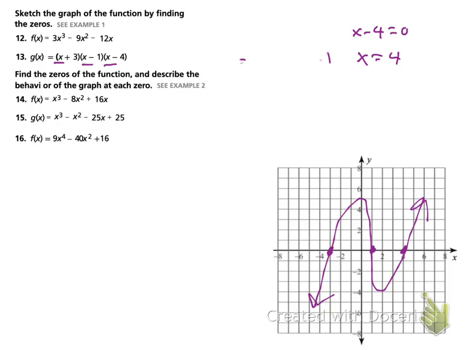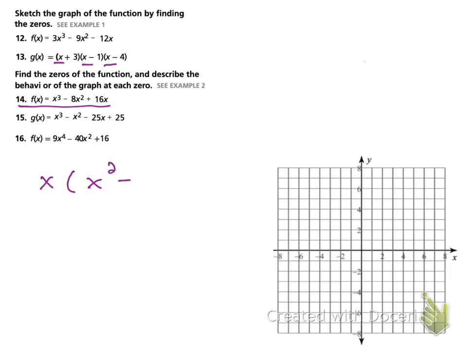All right, number 14. And again, we have a GCF there on 14. We can take out an x. Leaves us with x squared minus 8x plus 16. So two factors of 16 that add to give us negative 8 are negative 4 and negative 4. So that's x minus 4 squared, which means we're going to have a bounce point there.